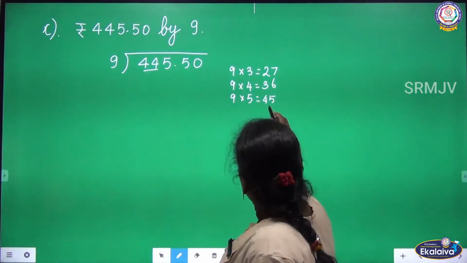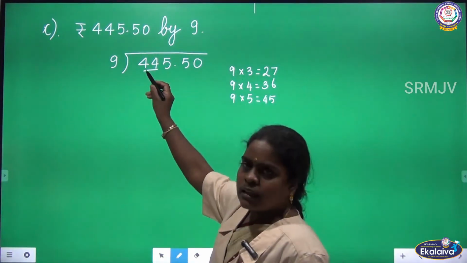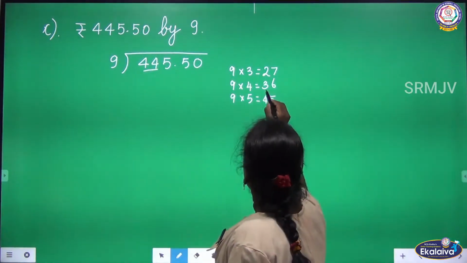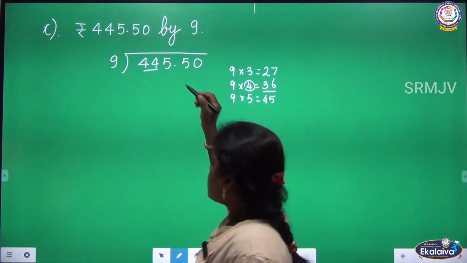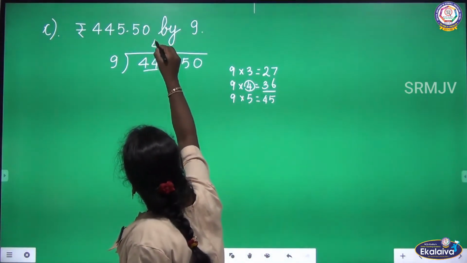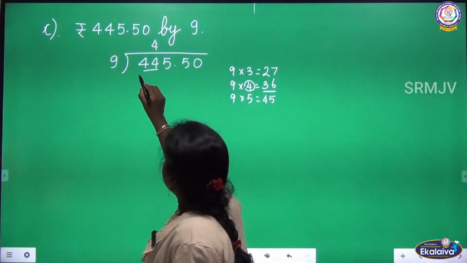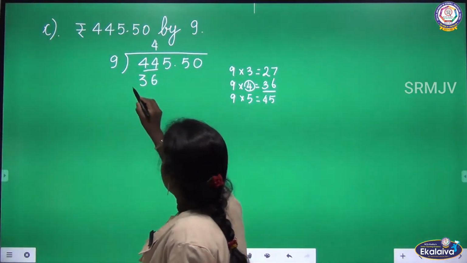Yes, here listen, 45 is greater than the dividend. So we are going to take 36. In the fourth time we are getting 36. So write 4 in the quotient, 36 below the number.